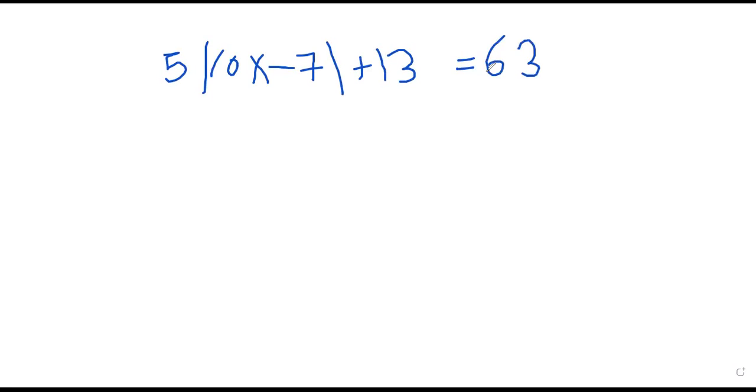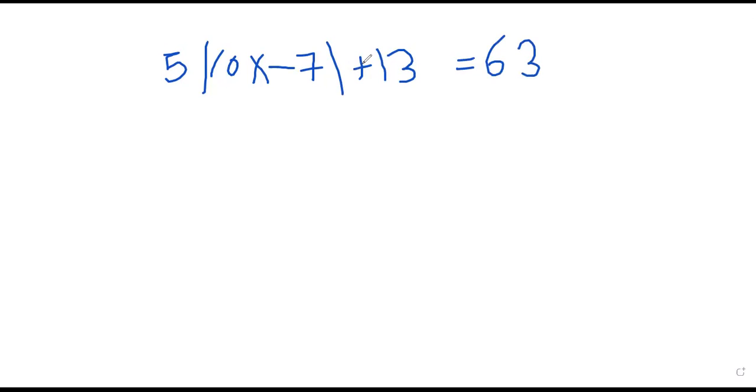In this equation, if we concentrate on the left-hand side, you will notice that the absolute value is not isolated. So the first step is to isolate the absolute value expression.